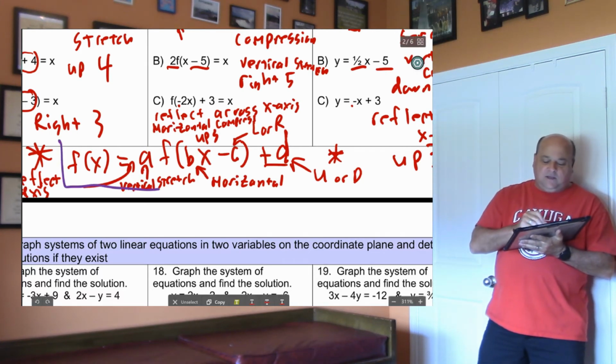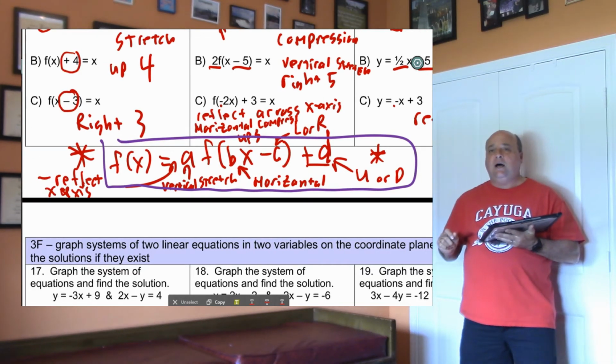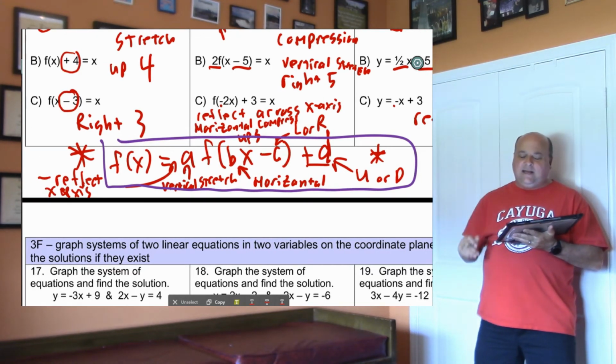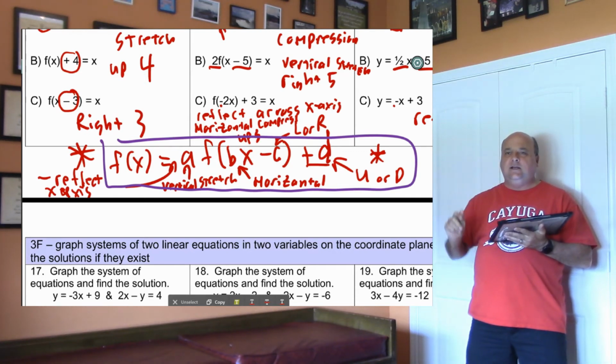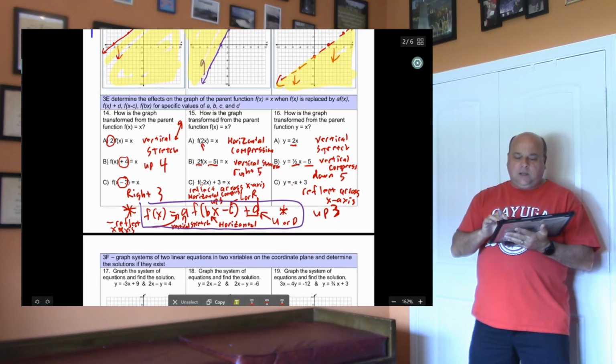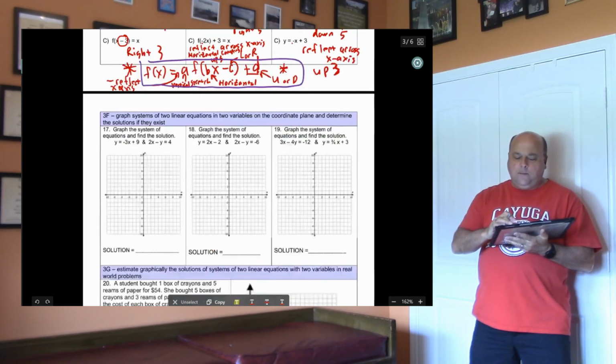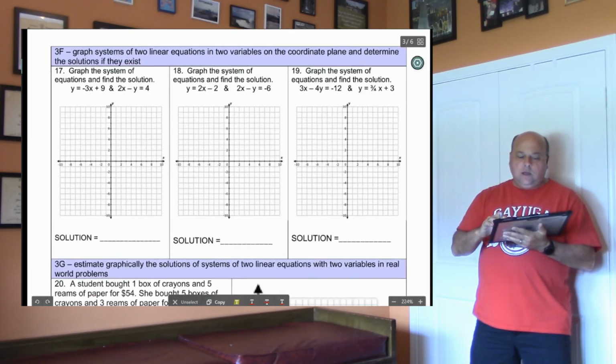I would copy this down, okay? Copy this down right here. So you can pause the video real quickly, copy that down. That is very important. You need to know what that A, B, C, and D does to the graph, okay? And was that the third page or the second? That's the second. I need to do one more page to make this work.